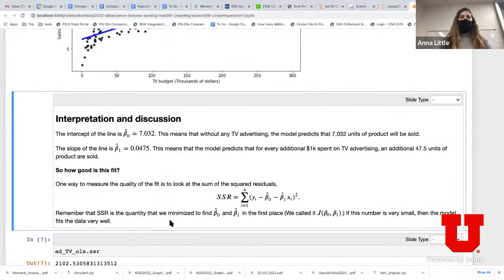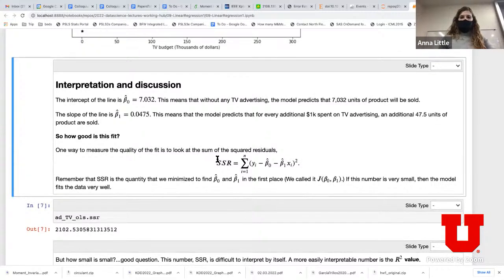Okay, and then how do we measure how good the fit is? One way is to look at the sum of squared residuals, or SSR. So what is this right here? That's just Y hat, that's just the prediction.